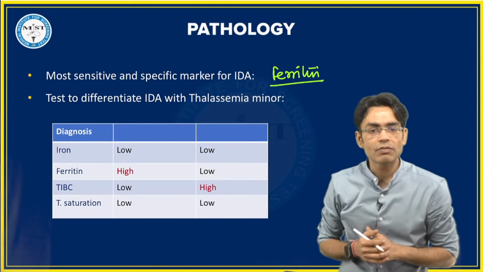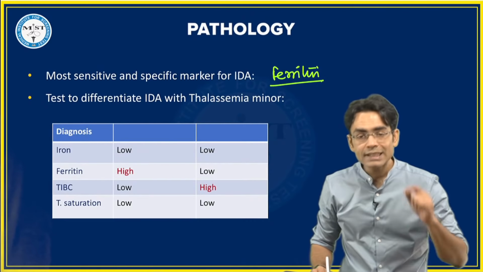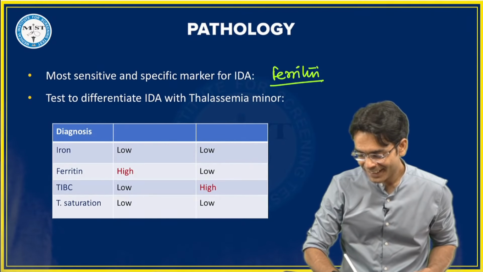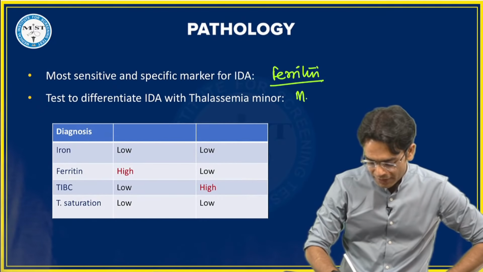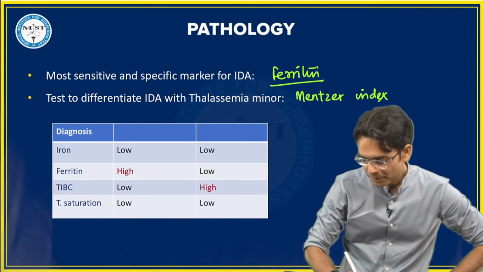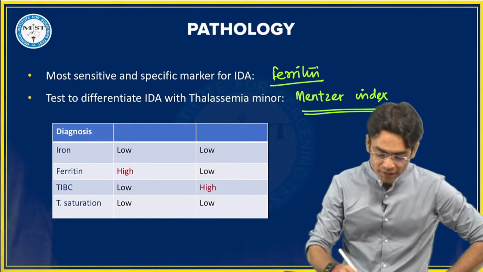What is the test to differentiate between the IDA and thalassemia minor? IDA and thalassemia minor, what is the test? Yes, you are right. Wow. This is your Menzer index. Okay, what is this Menzer index?